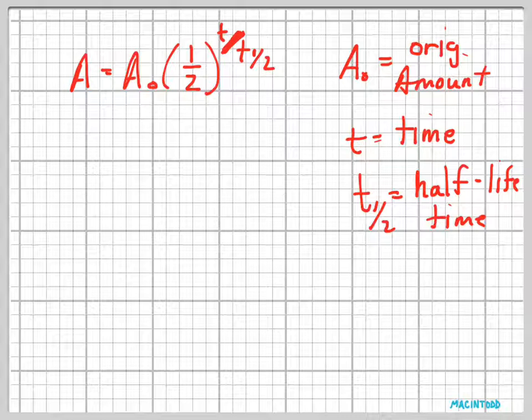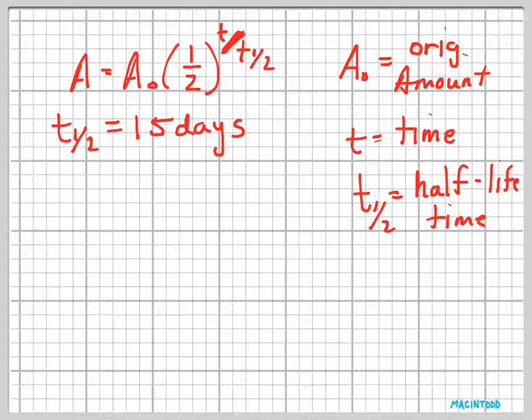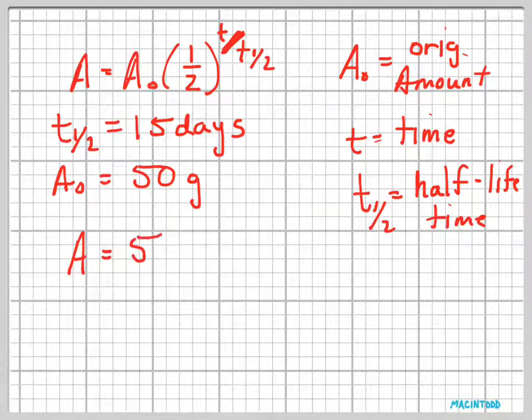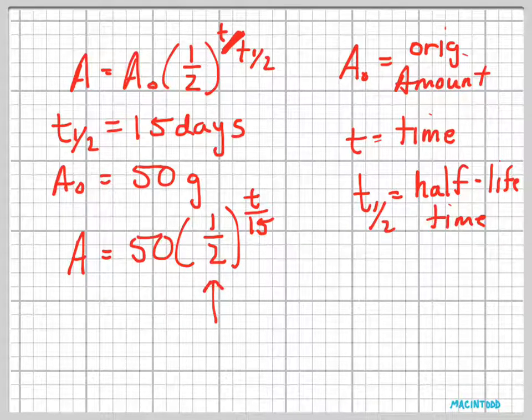And basically what this is doing, let's say we have some material and its half-life is 15 days. And let's say we start with 50 grams of that material. Our equation then would be A equals 50 times 1/2 to the t over 15. We can see it's a decay function because of the half.